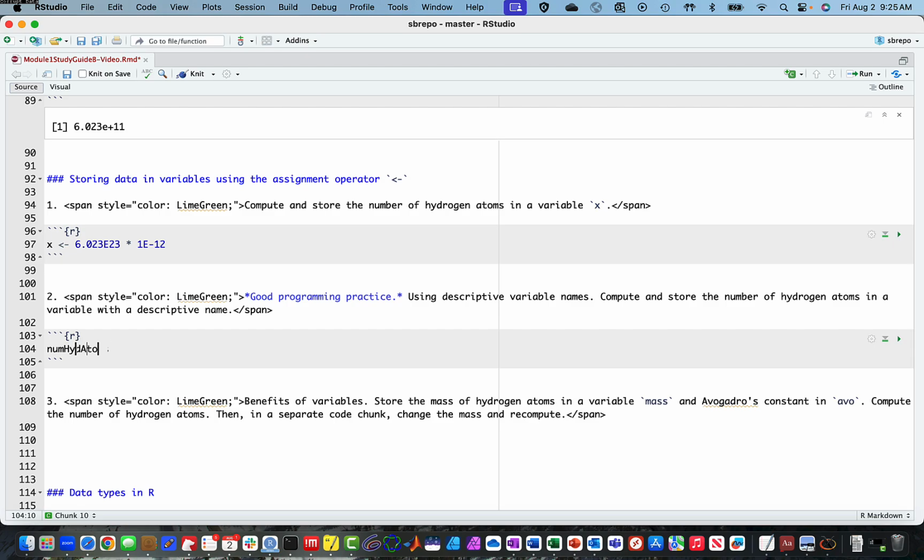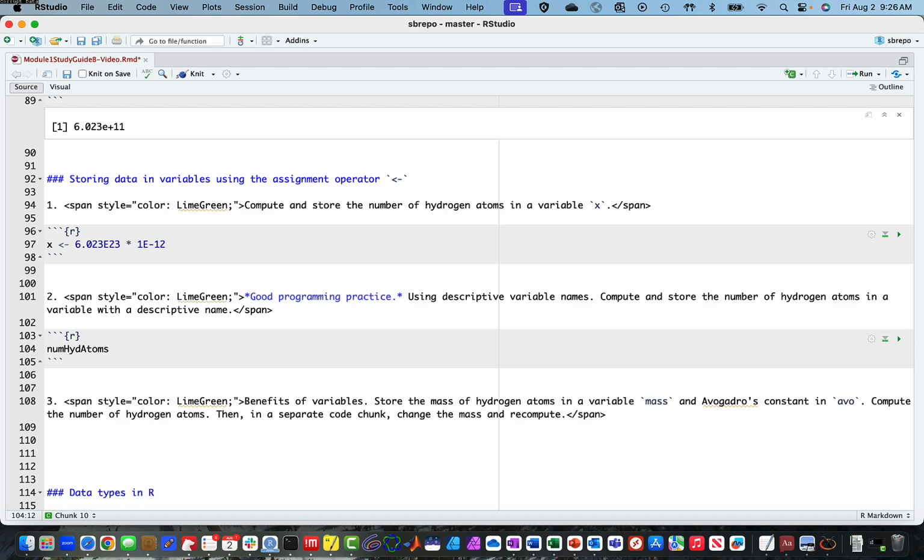And variable names can be anything, and they can be as long as you want them to be, so long as they don't start with a number. They must start with a letter, but otherwise, they can be as long as you want them to be, and they can have any letters or numbers or symbols inside them.